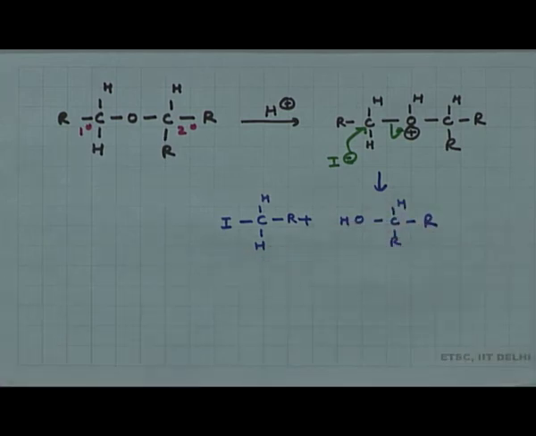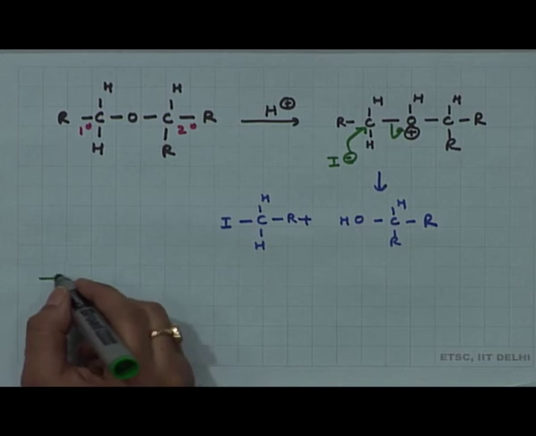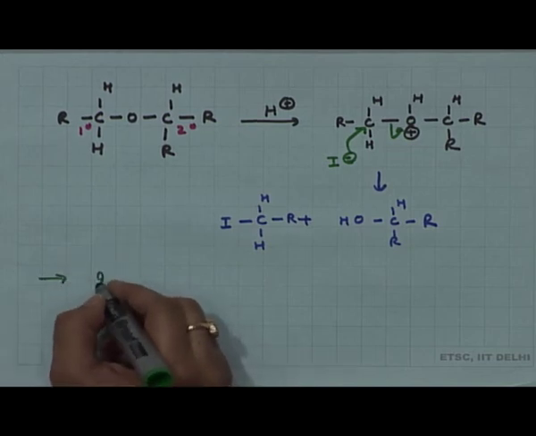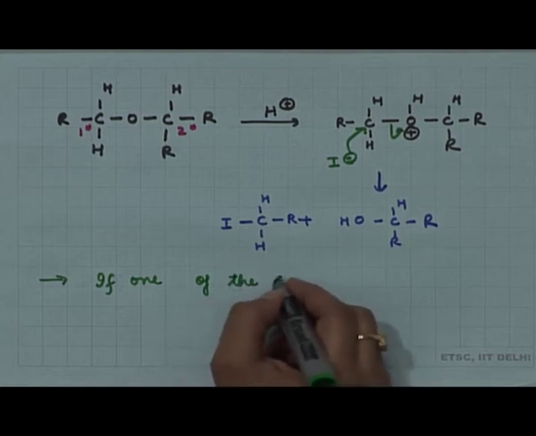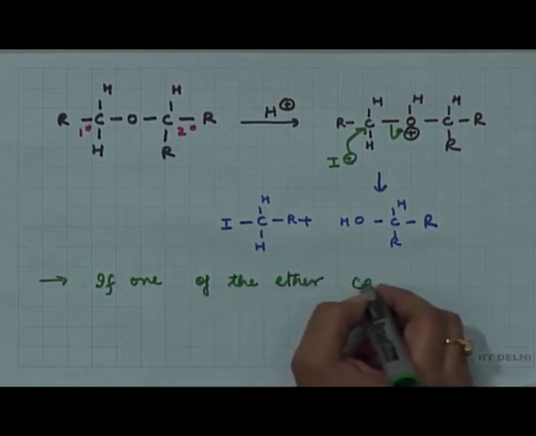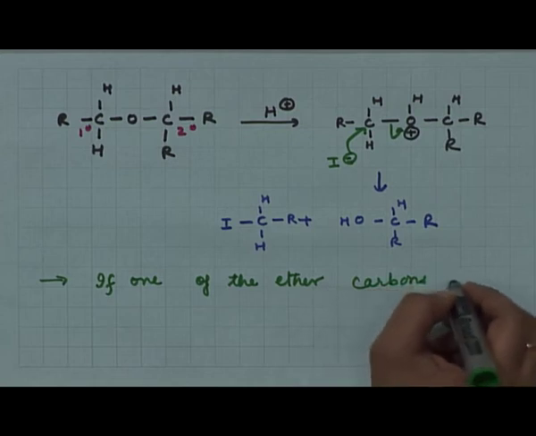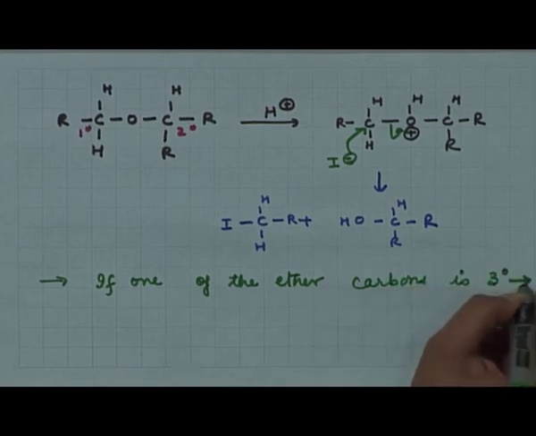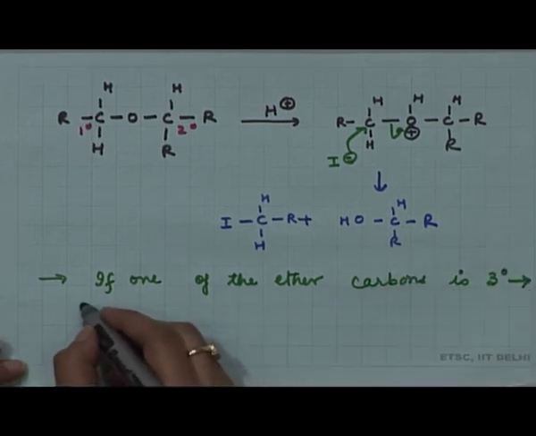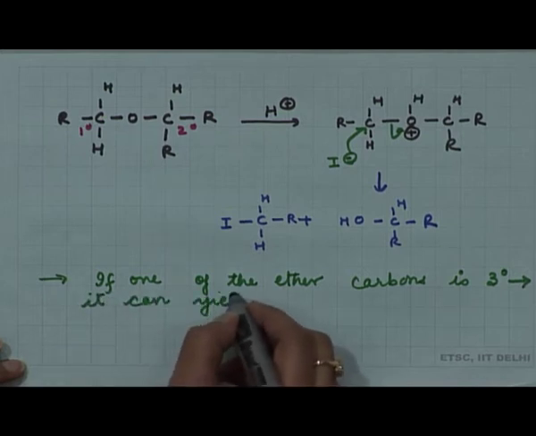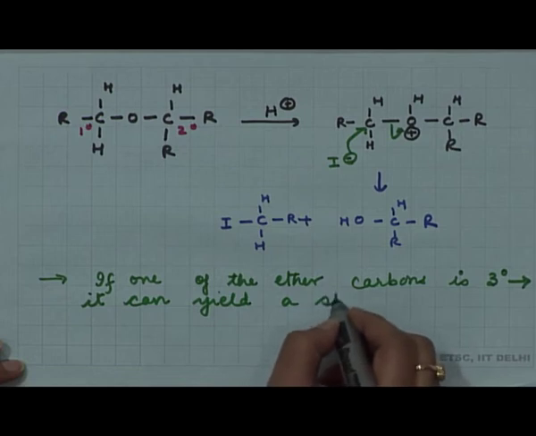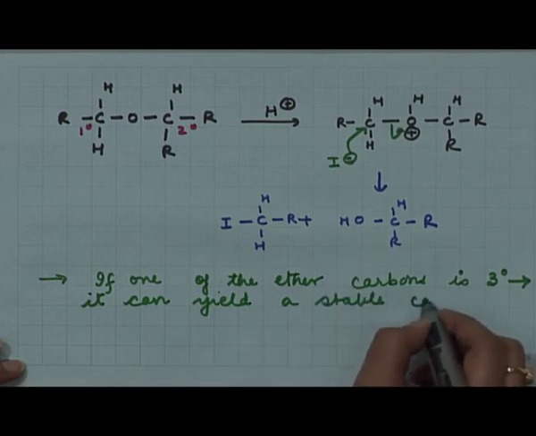So, this is one of the conditions. The second condition is that if one of the ether carbons is 3 degree, it is capable of yielding a stable carbocation.